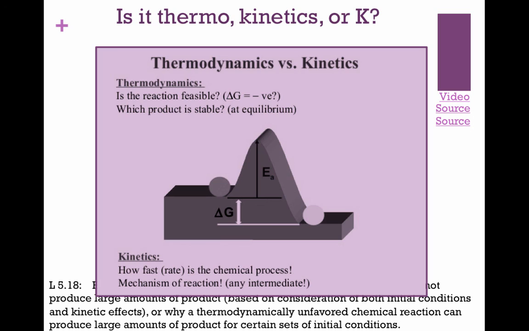So it's just looking for small words. Favorable means spontaneous. That's going to be the one thing. If it talks about being thermodynamically favorable, it's looking at whether it's spontaneous or not. What's favored at equilibrium? Probably going to be looking at K. And then how fast something is going to be kinetics.